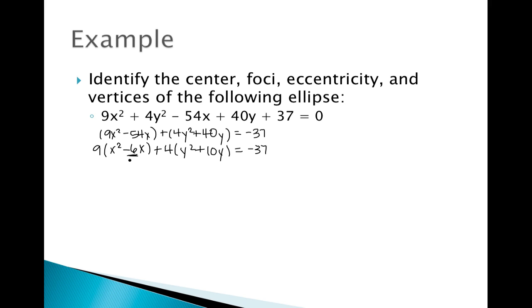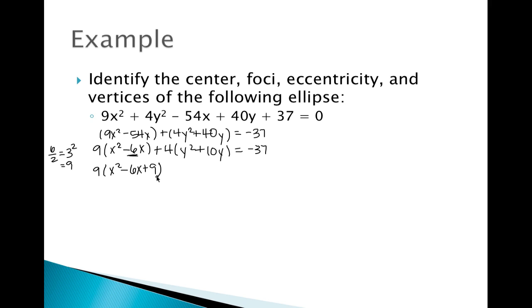So remember, back in your completing the square days, you take this middle term right here, divide it in half, and square it. So that's what we're going to do to complete the square here. So we have 9 times x squared minus 6x. 6 divided by 2 is 3, and 3 squared equals 9. So we are going to add 9 to our equation here.